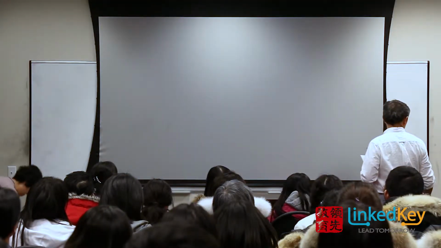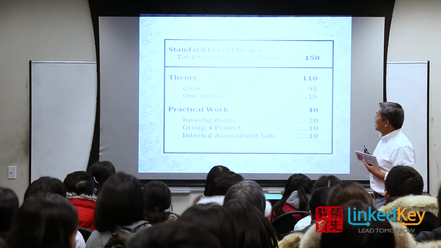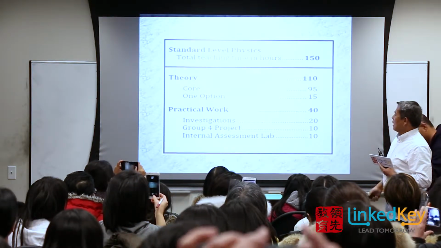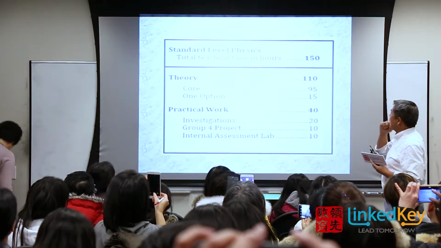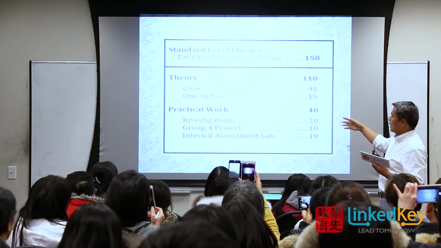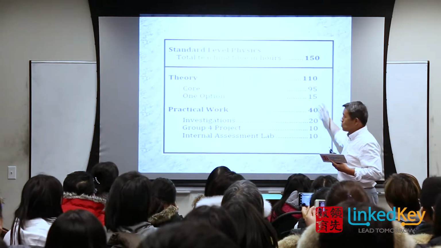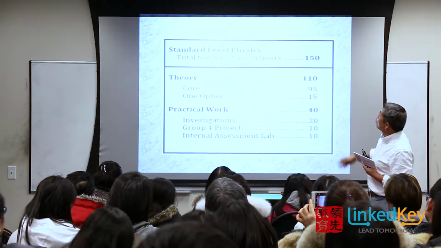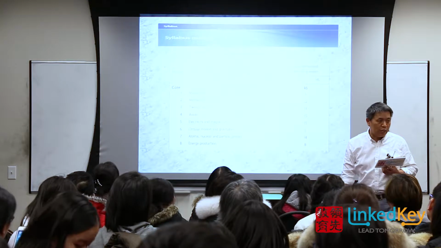I'm going to use this. Oh, thank you. Okay, standard level. We don't talk about more details. Yes, okay. See here, the core is like a core theorem, one option. What do we call this? It's like a standard level. Overall, they are 150 hours.